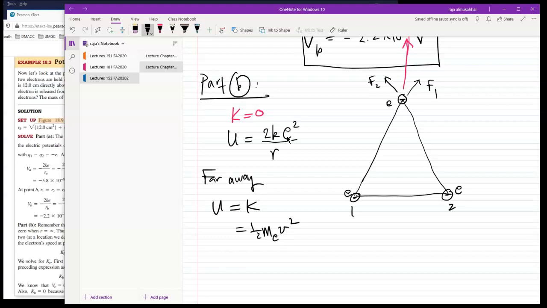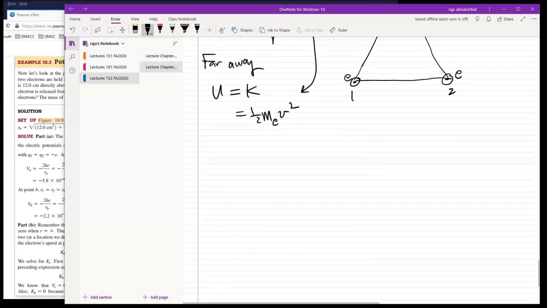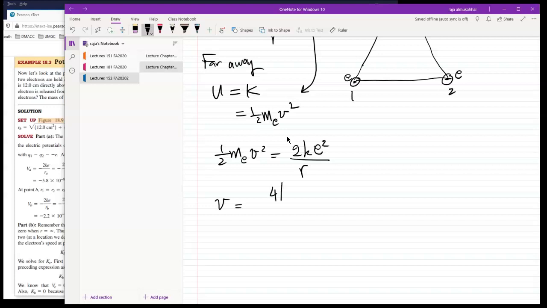So now I equate those two together and solve. I have 1/2 m sub e v squared equals 2k e squared over r, and then I just solve for v, and that will be equal to the square root of 4k e squared over r m sub e.